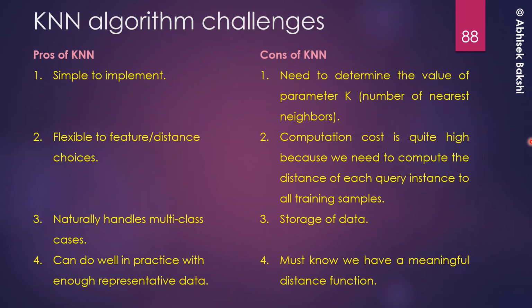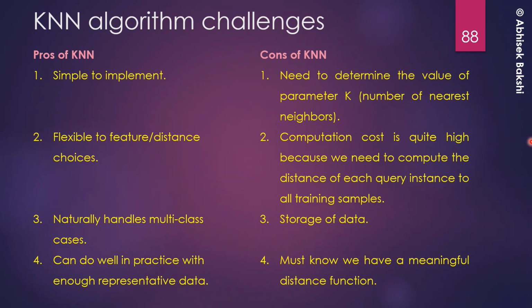And we have a very important thing here, that is, we have to decide to some extent whether I should use KNN or not. Naturally, you can go for k nearest neighbor because it is very simple.